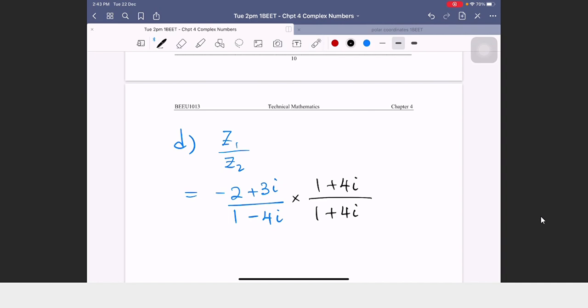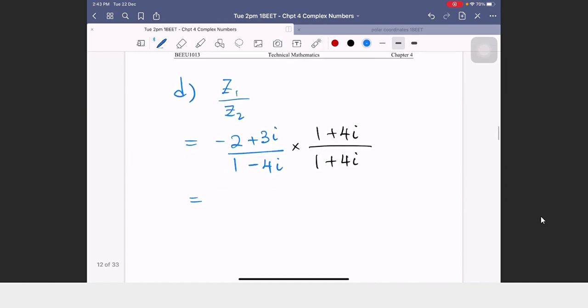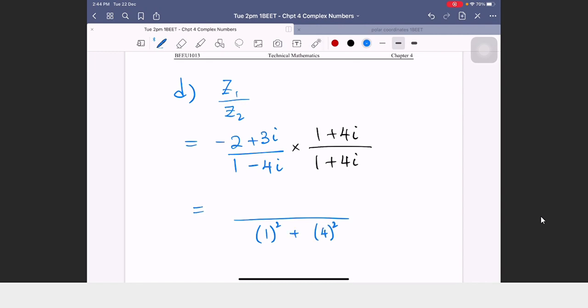When you multiply by the conjugate, for your denominator you can just use a squared plus b squared. So your a squared is 1 squared plus b squared is 4 squared.